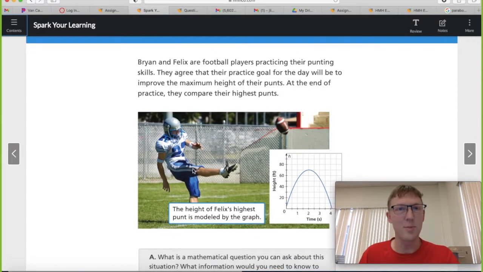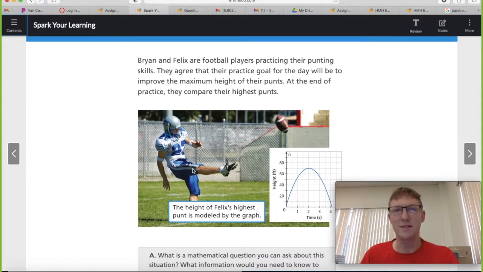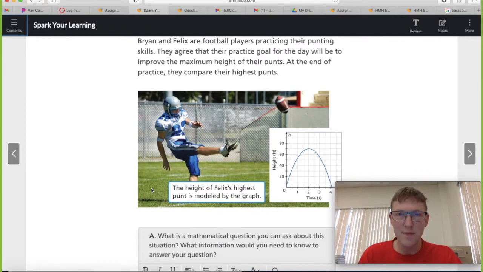So for example, Brian and Felix are football players practicing their punting skills. They agree that their practice goal for the day will be to improve their maximum height of their punts. At the end of practice, they compare their highest punts. The height of Felix's highest punt is modeled by this graph.